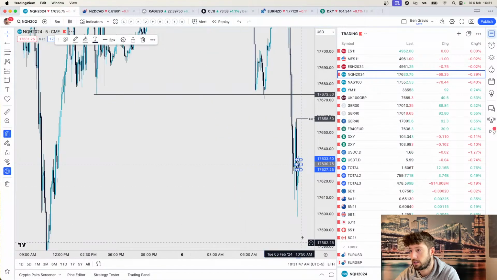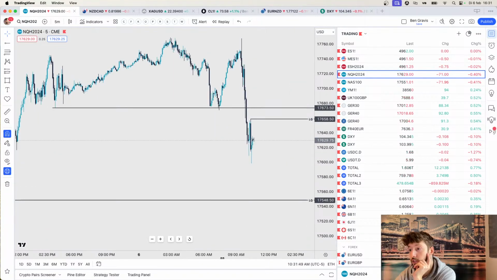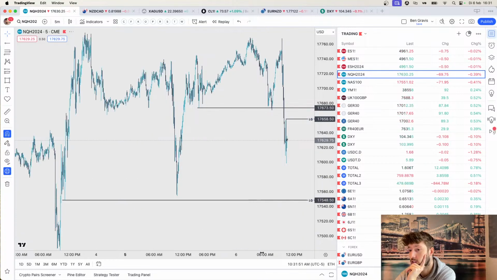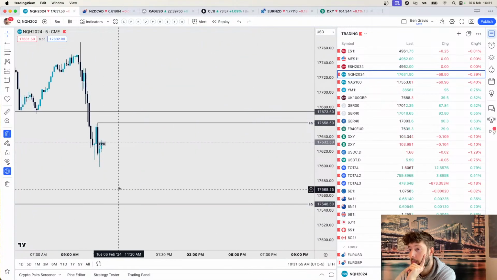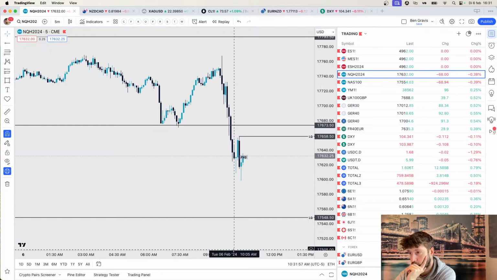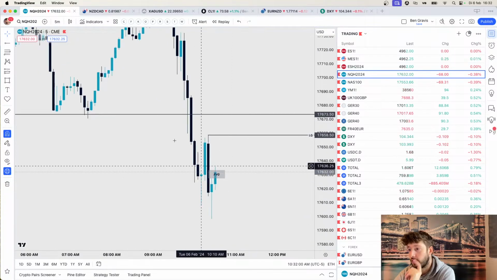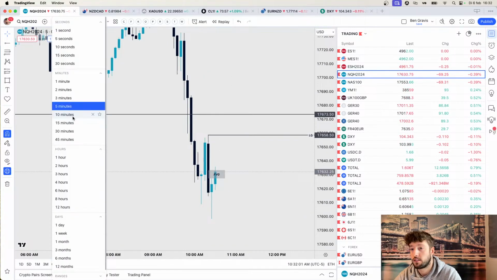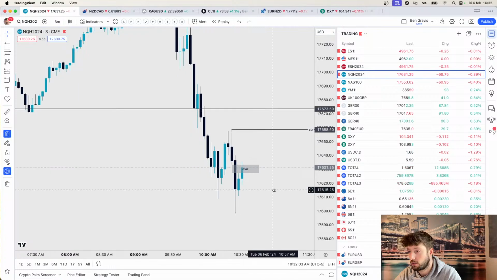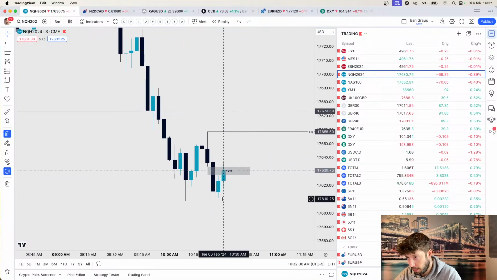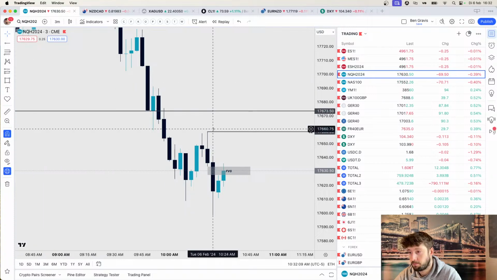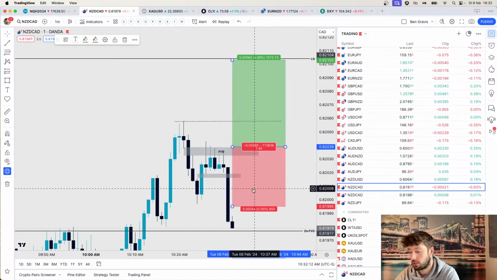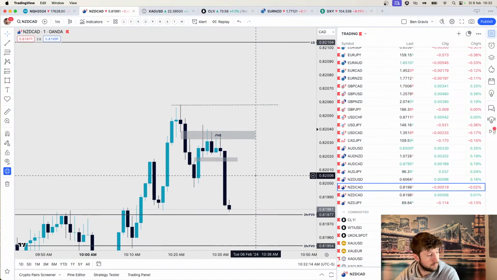But I think that we shouldn't long this because we are very close towards the equal lows. So I would rather grab this and then move higher. So I don't really think that this should be longed if this fair value gap flips. Okay, so nothing here.